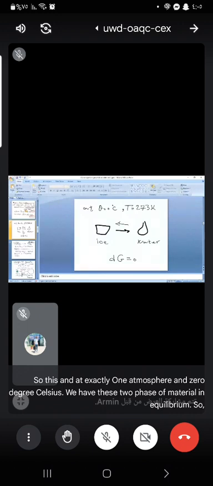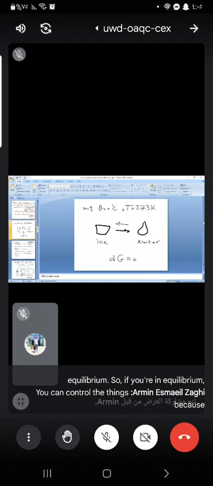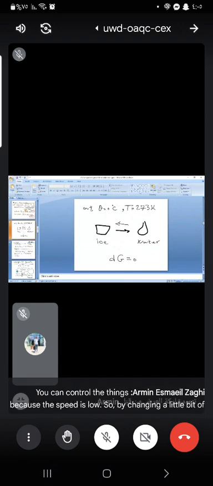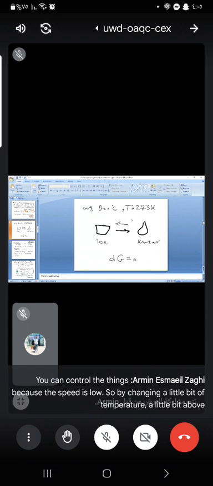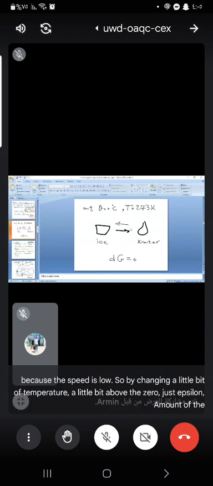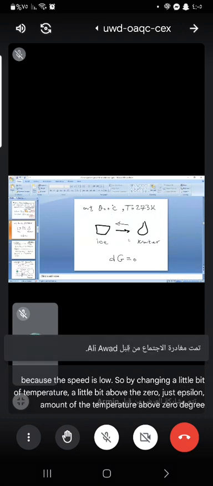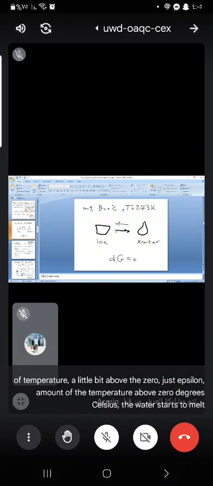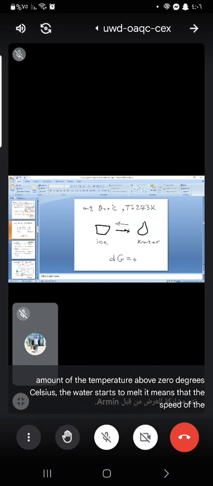If you're in equilibrium, you can control things because the speed is low. By changing the temperature a little bit, just an epsilon amount above 0 degrees Celsius, the ice starts to melt. It means that the speed of melting is higher than the speed of solidification.